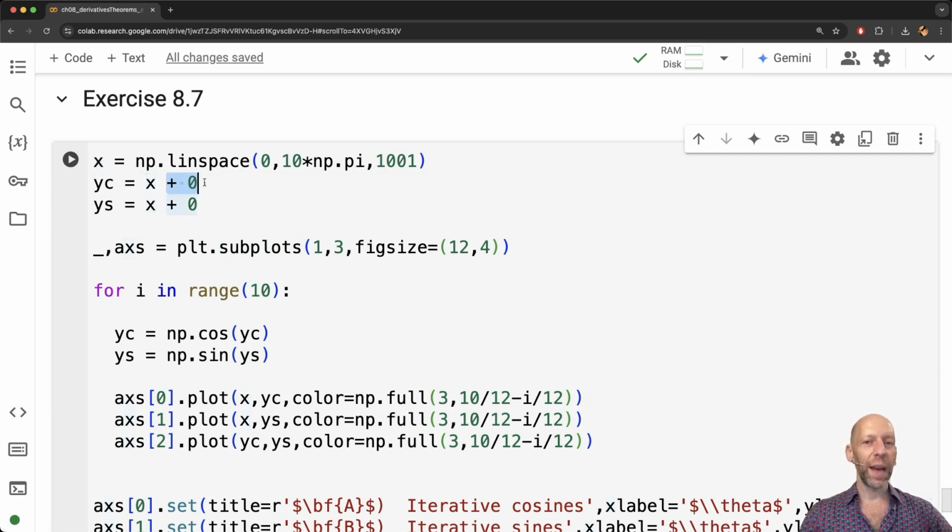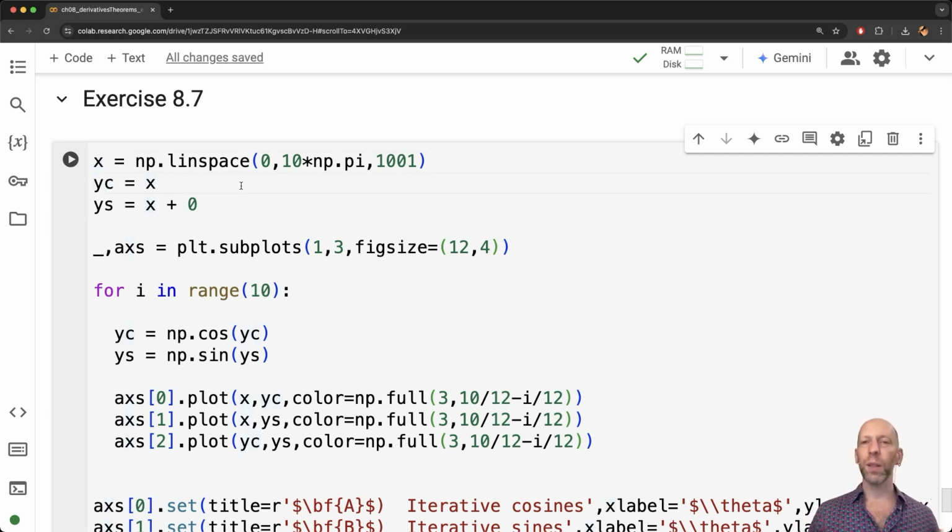And then the reason why I'm adding zeros is just to make these fresh copies, right? So if I would say yc equals x, that actually doesn't create a new variable called yc. It just creates a new pointer to the same variable. So that would mean if I left the code like this, then when I change this variable, I'm also changing this variable, which I don't want to do.